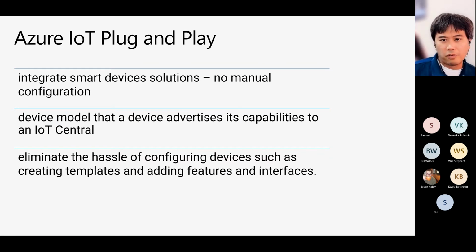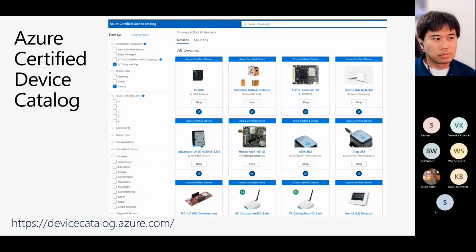The device itself advertises its capabilities to IoT Central to reduce the hassle of configuring, such as creating templates and features and all the different things about how you would communicate with this device. There is an Azure device catalog where you can look at the available devices out there that you can plug into IoT Central.